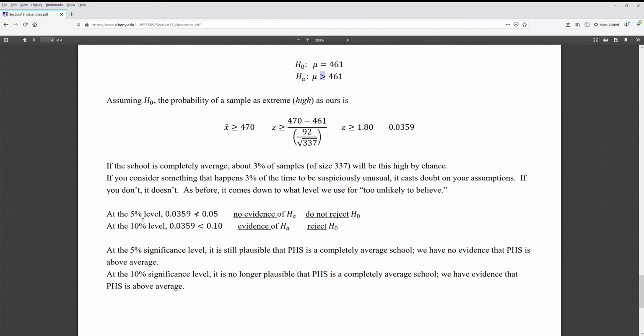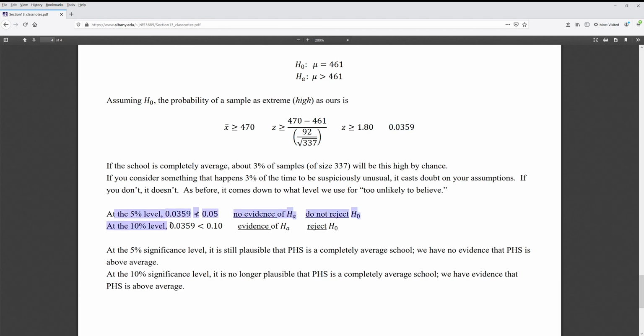At the 5% level, at the 1% level, at the 10% level, here we have a typo. So the 10% level, yes, this is suspiciously small. At the 5% level, yes, this is suspiciously small. At the 1% level, no, this is not suspiciously small. So yes, here's our typo.